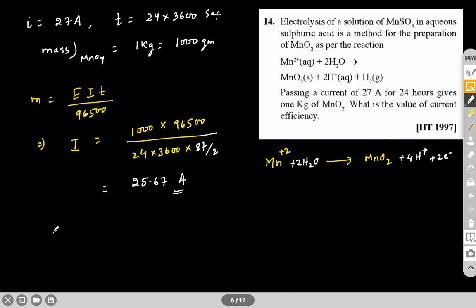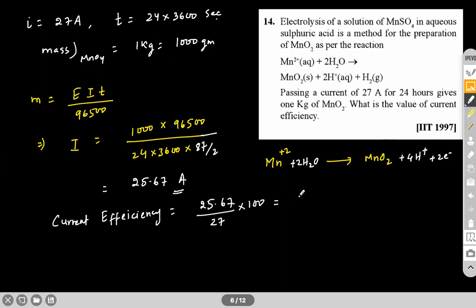Okay, so what is current efficiency? Current efficiency is the current that has been used divided by the current which is provided, into 100.